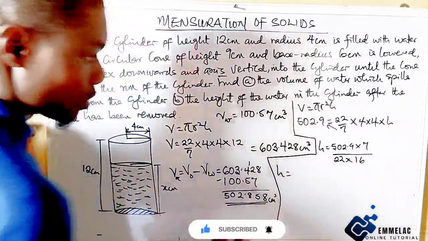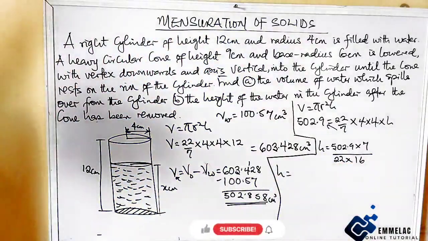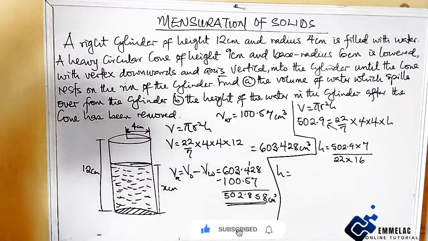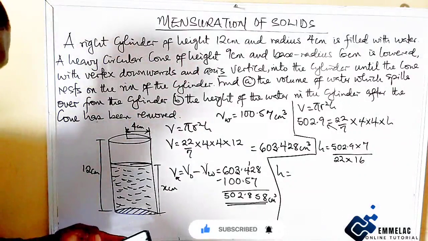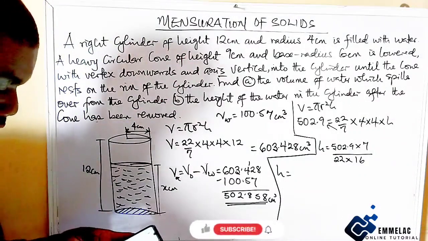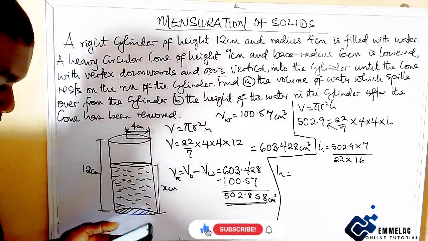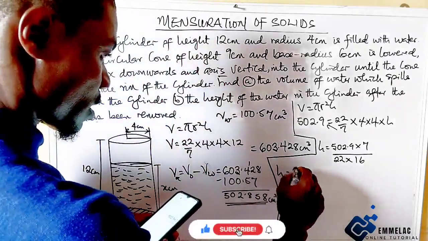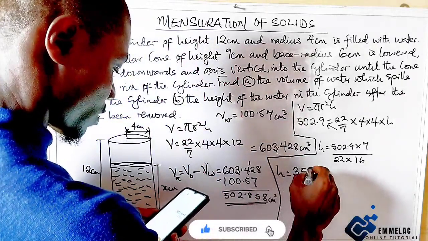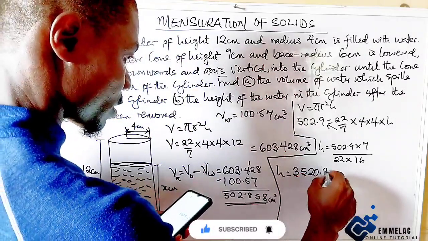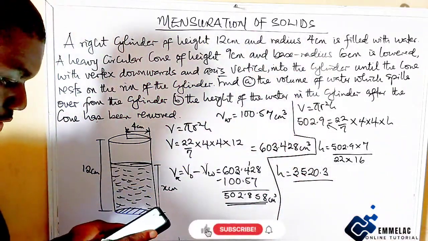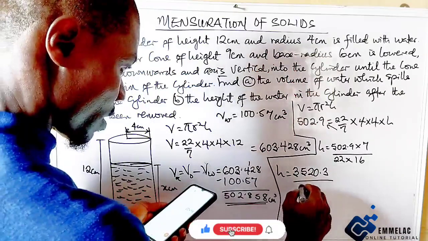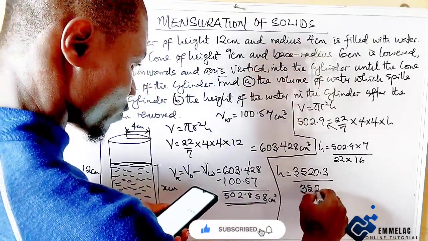All right, now punching out our calculator here, 502.9 times 7 gives us 3,520.3, then divided by 22 times 16, which is 352.